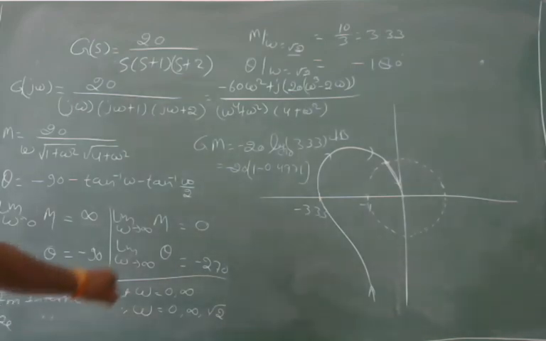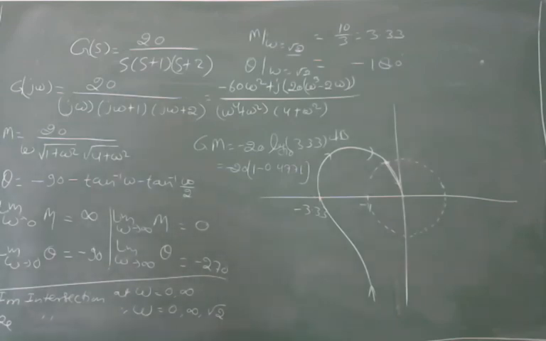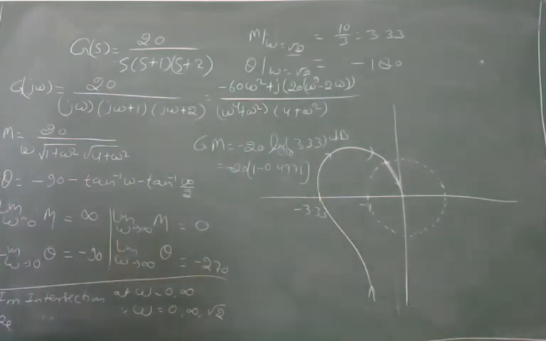And at that point we will find our angle, and from there we can find our phase margin, right? So in this way we can compute gain margin, phase margin and stability from the polar plot.